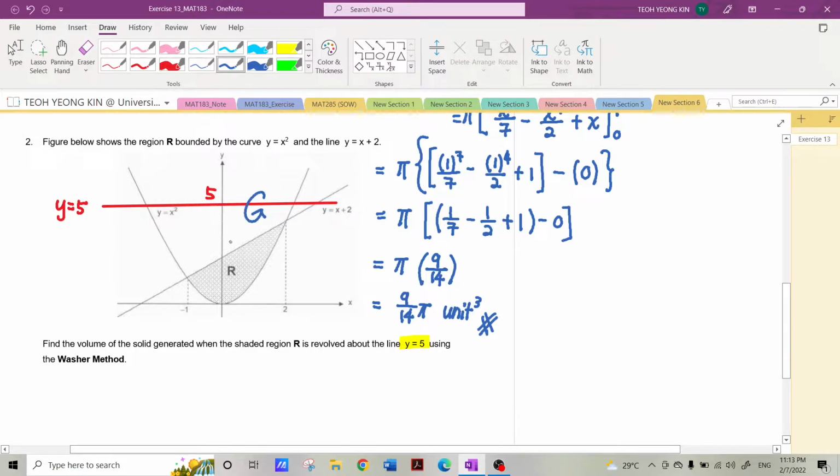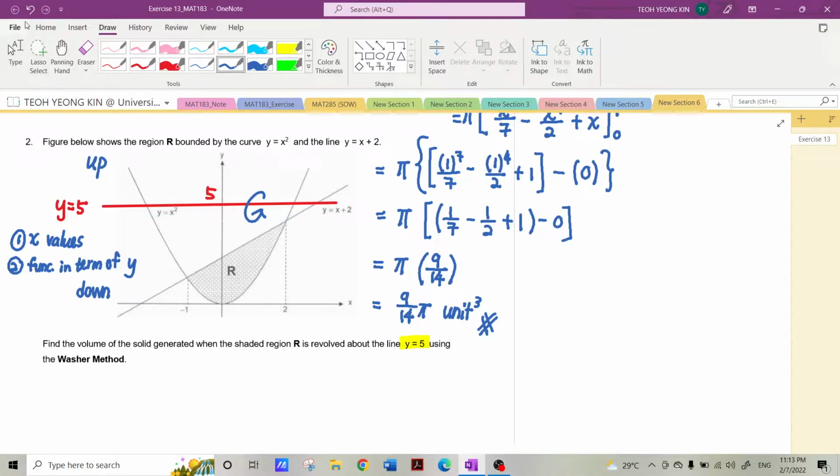Again, in this case, you can see that the region revolves up and down, up and down. Like I mentioned before, for the washer method, we are using the x value, and the function in terms of x.